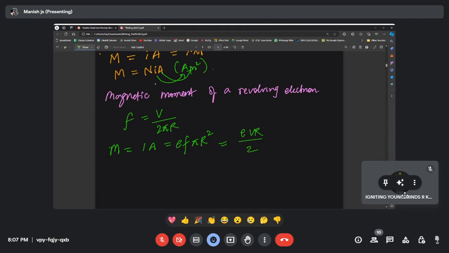Okay, here there is a change. Can anybody tell me what is the change here? How did the e v r by 2 term come into the picture? First I wrote f. Can anybody tell me what f is here? Can we write force as v upon 2 pi r?